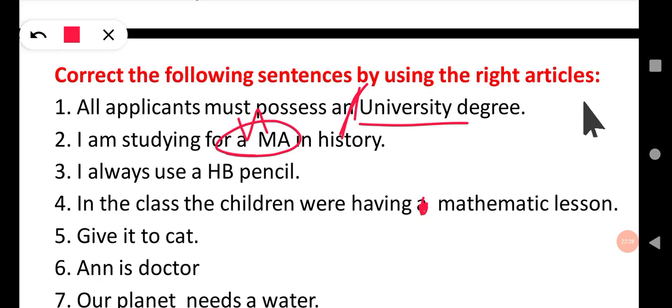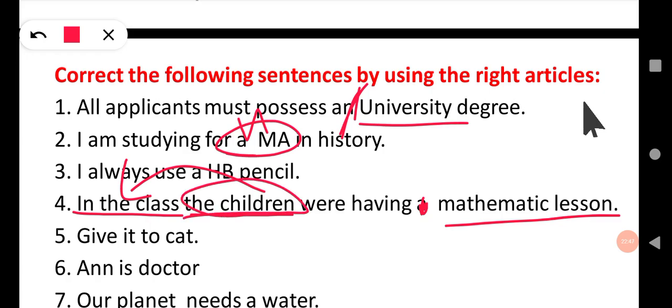So where do you need articles here? In the class, the children is used. Mathematic lesson, this is also a noun. So where can we use the articles here? In the class, the children. Can we refer to a particular class here? Yes, of course. In the class, the children were having a mathematic lesson.